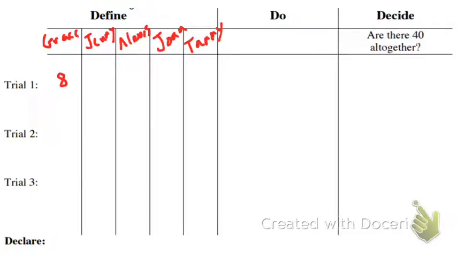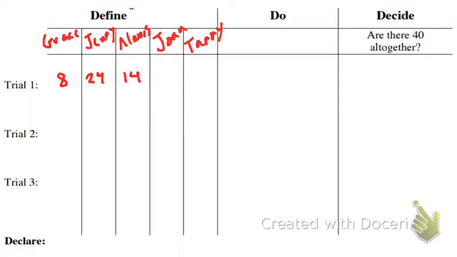Now, if Grace made 8 baskets, we know Jenny made 3 times as many baskets as Grace. So that would mean Jenny made 24 baskets. Alexis made 6 more than Grace, so that means she did 14.